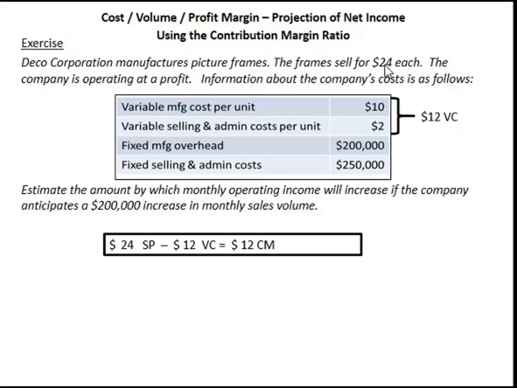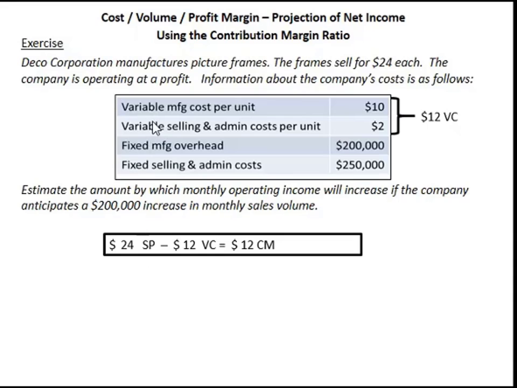We know our selling price is $24 each, so there's our selling price. From that we have to subtract our variable costs. But we also have to remember, and that's where this problem can confuse students, this includes all of our variable cost. Remember, a variable cost can be any type of cost. It can be an inventory cost, it can be some form of period cost, administrative cost, selling expense, and so forth.